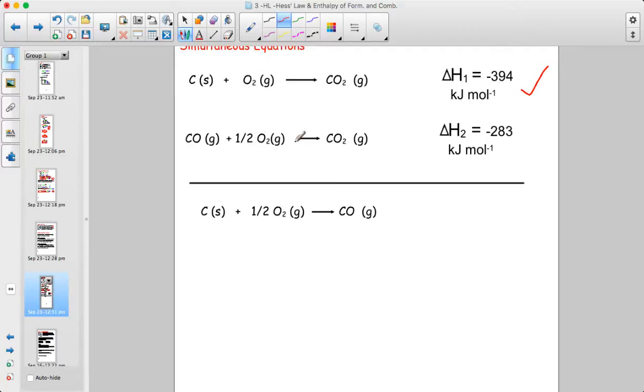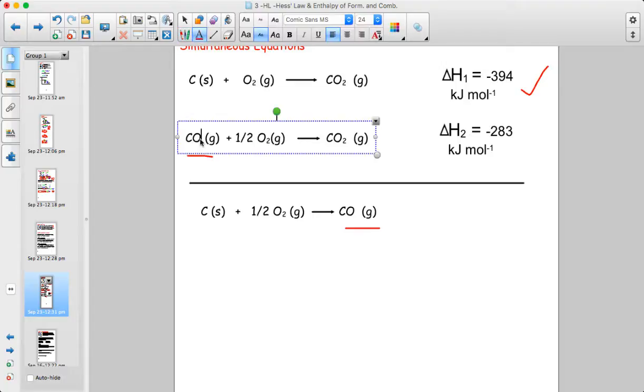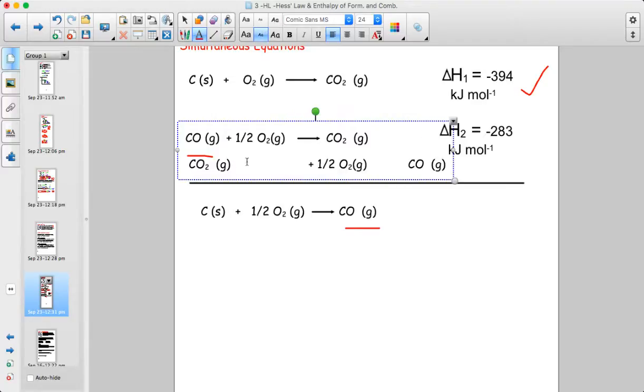But then if I look at the second equation, I notice that the carbon monoxide is written on the left, whereas in my final equation it's written on the right. So what I'm going to do to make the math work is I'm going to take this equation and I'm going to flip it. Well, that's what I call flipping it. You're going to reverse it. So you're going to have CO2 on the left, and you're going to have CO on the right, and you're going to have the oxygen on the right also.